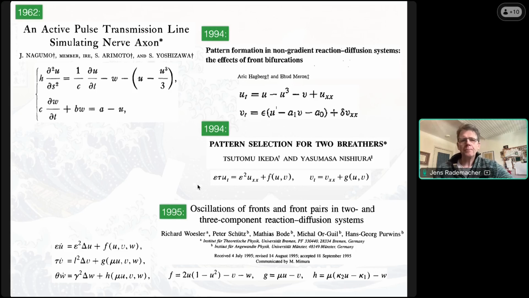Okay, and what happened is that it turned out that some of the phenomena that people see or want to model do not really work in this class of two-component systems. And then there was a suggested three-component system, in particular in this group by Hans-Georg Purwins, who's this last author here, which is a generalization in some sense to three components. All have different diffusion rates possibly, but it's purely diffusive.